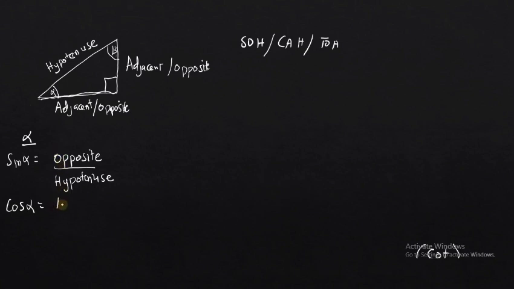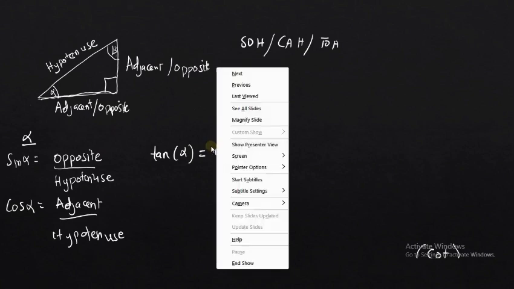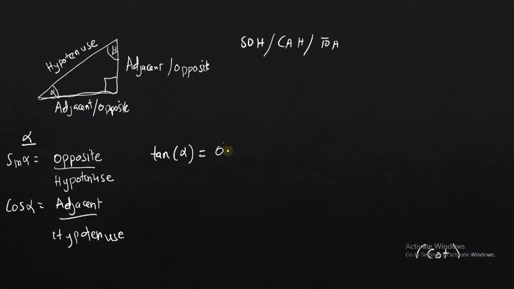So adjacent over the hypotenuse. And then we have tan of alpha. Tan is opposite over adjacent. So tan alpha will be opposite over adjacent.